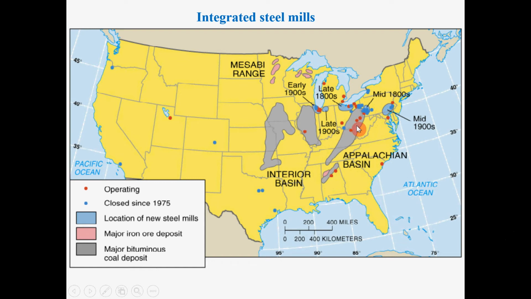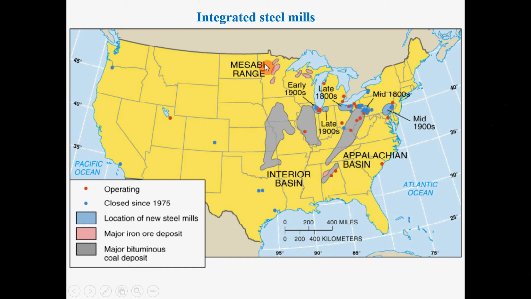Later on, there's a tendency for integrated steel mills to move towards water, towards the ocean, towards the Great Lakes area. The reason for that is to be closer to resources that come from overseas or from more remote areas.